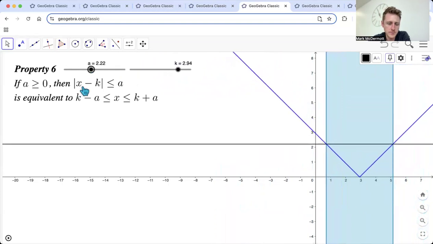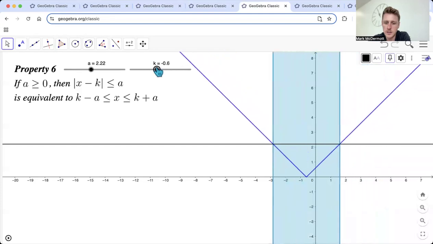Let's pause this. Basically it says if A is greater than or equal to 0, then the modulus of x minus k is less than or equal to A is equivalent to x being between k minus A and k plus A inclusive. So let's explain what's going on here.